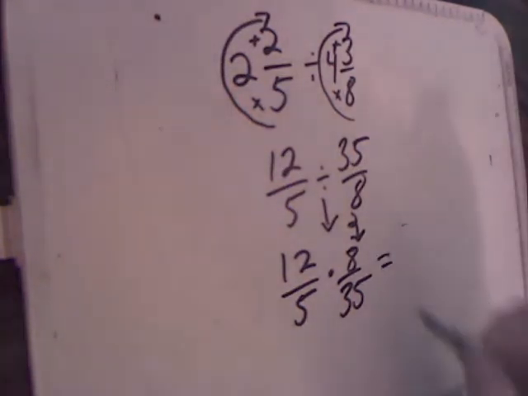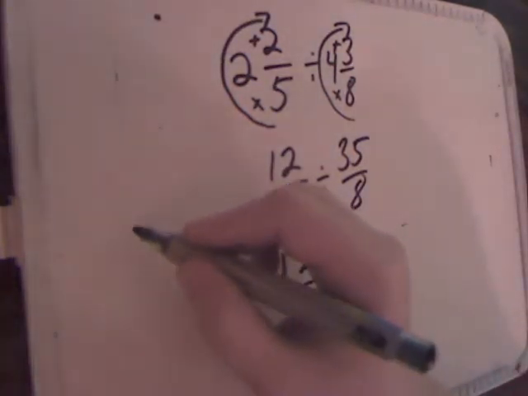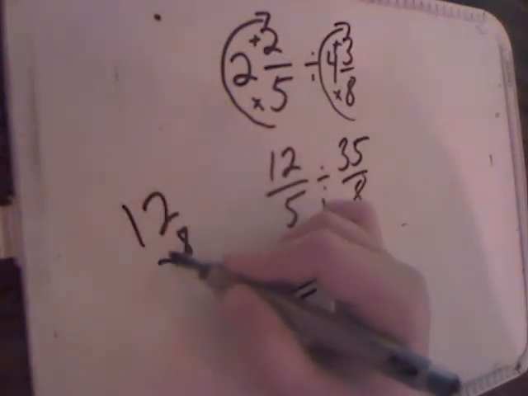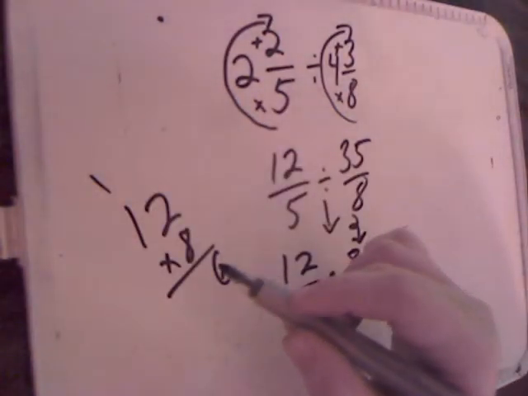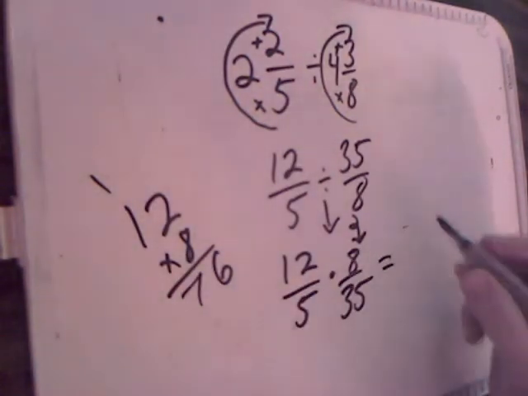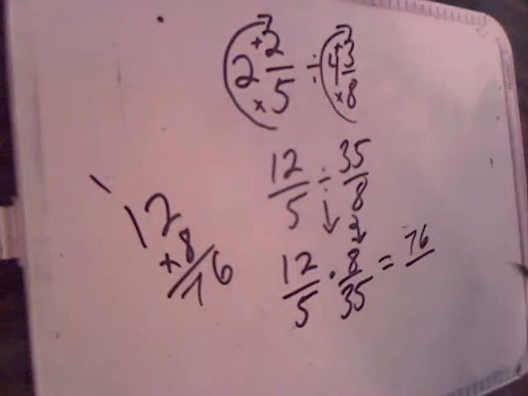Now what we need to do is multiply across. 12 times 8. Well, if you're not exactly sure what that is, let's go ahead over here just in case you don't have it memorized. 8 times 2 is 16. 8 times 1 plus 1 is 7, so we get 76 over.